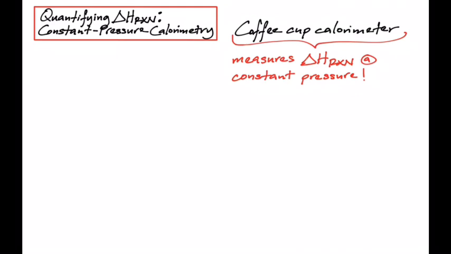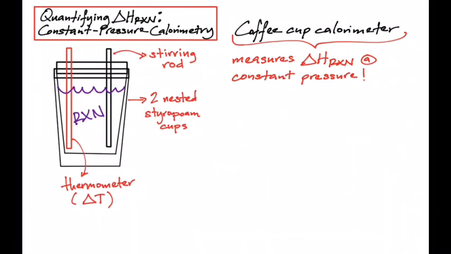In this type of method, we use a coffee cup calorimeter. This is something that you can just make and build on your own. It measures the delta H of reaction at constant pressure, meaning the external pressure, the pressure that you can measure right now, atmospheric pressure. This is what the setup would look like.